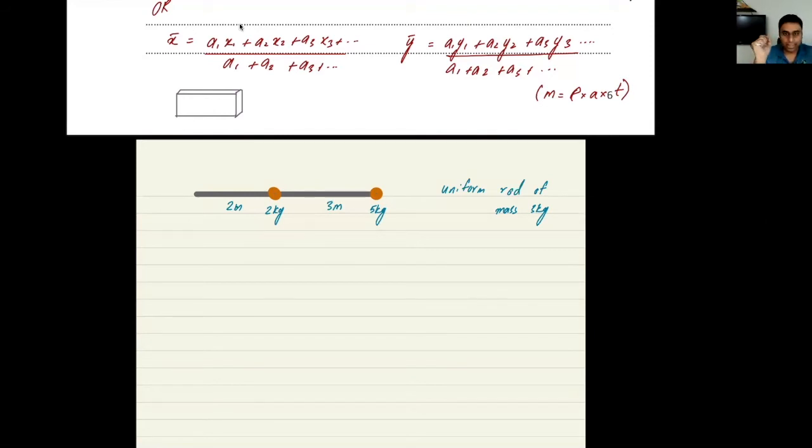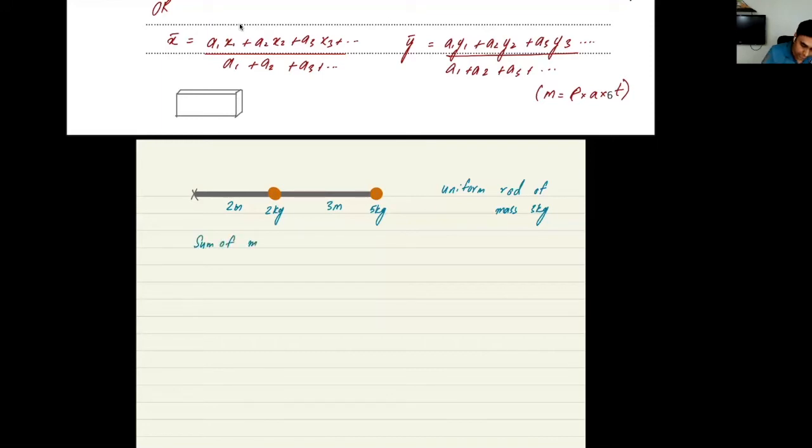And where that entire weight seems to be acting is something we're trying to figure out. Okay, it's up to us, but what we can do is that we can just take some point as our axis. So let's say I take this point X as my axis.